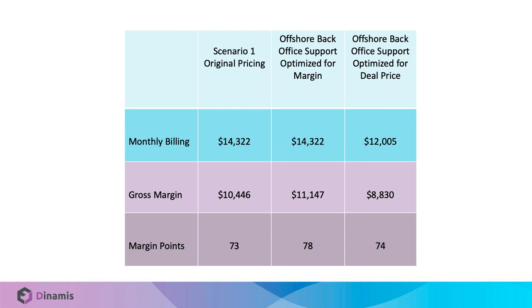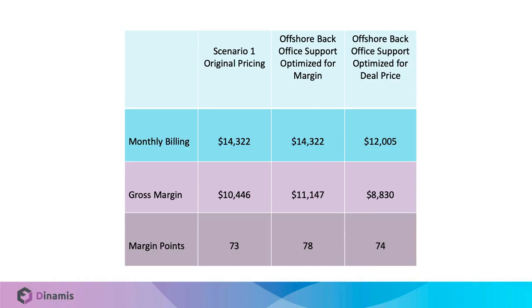At the end of the day, the original model, which used domestic bookkeepers to perform accounts payable, receivables, expense tracking, bank reconciliations, that type of thing, you see that the gross margin came in at a little over $10,000 a month.